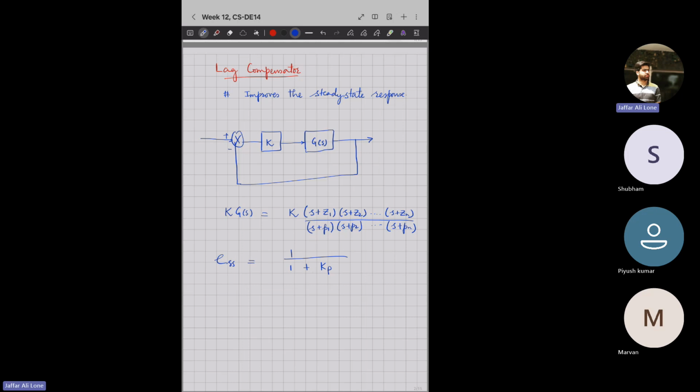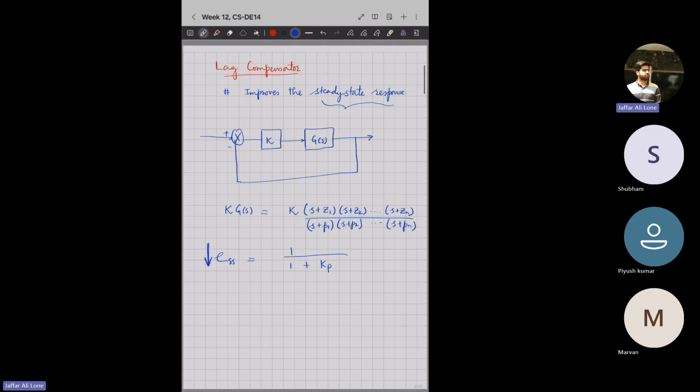As I said in the beginning, the lag compensator improves the steady state response. It means it decreases the steady state error. If I say my lag compensator improves my steady state response, it means my steady state error is as small as possible and the tracking is perfect.